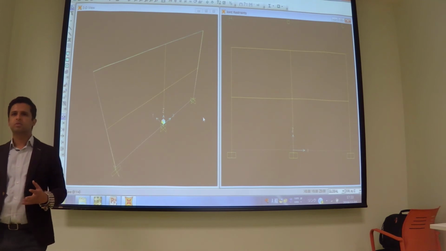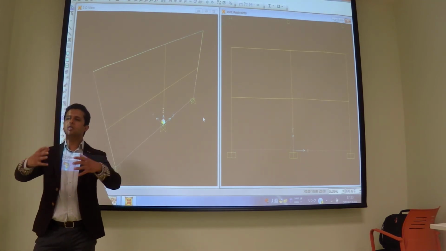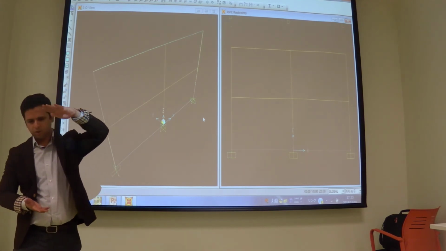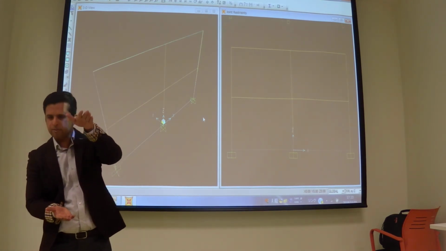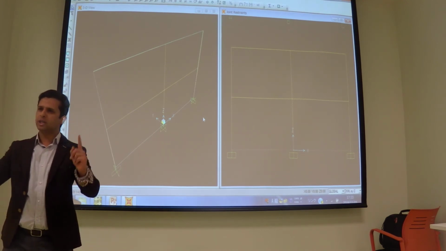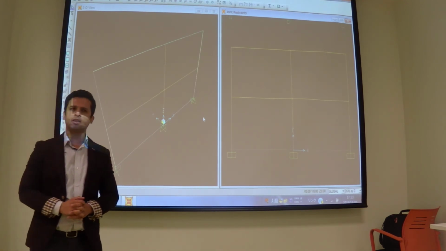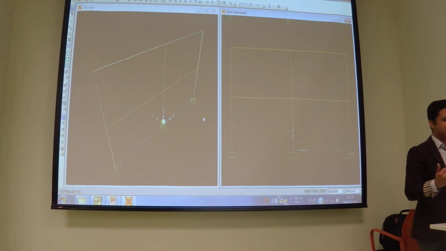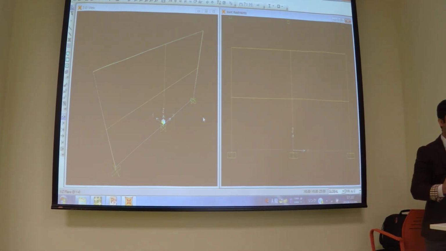So we get the reaction for all these loads. But for the gravity loads, you can combine them. Dead and live you can combine, and you can get one reaction. You understand? But it can give you as many types of load as you want.